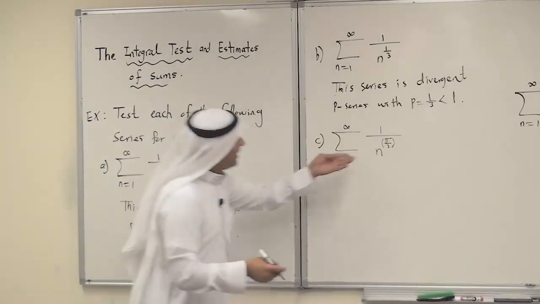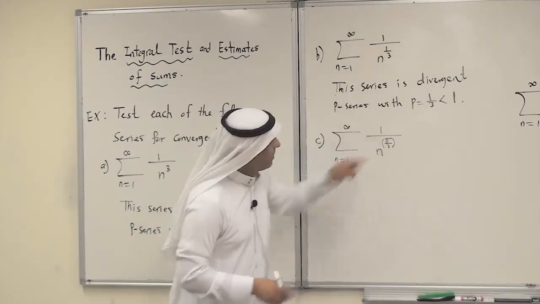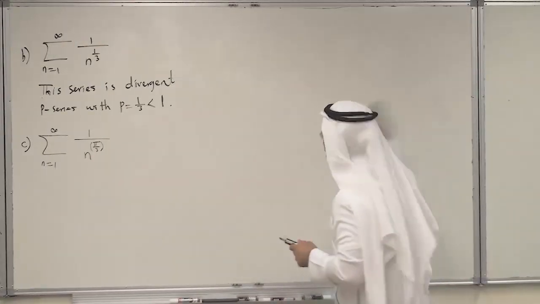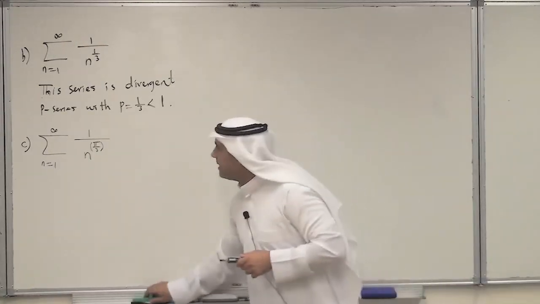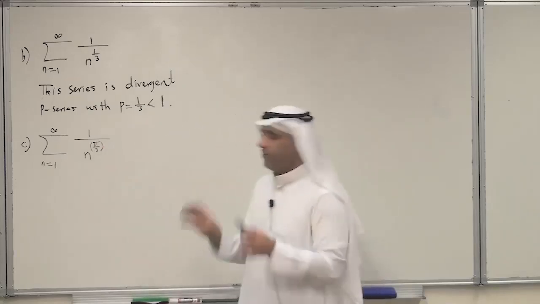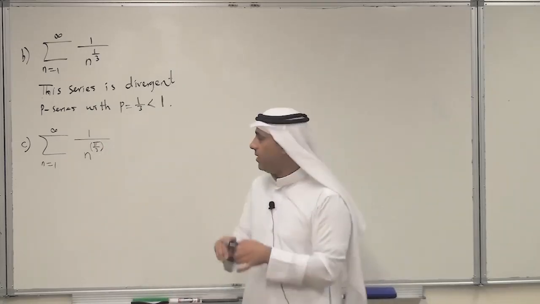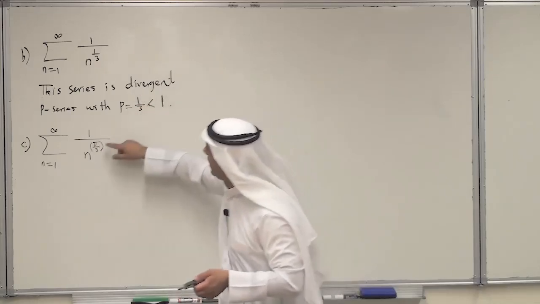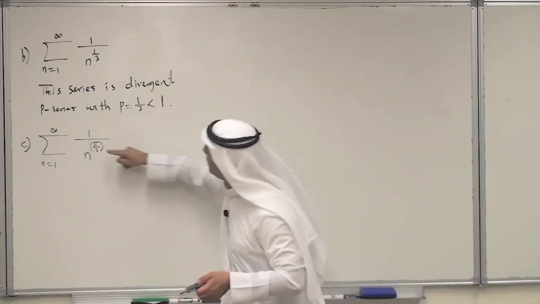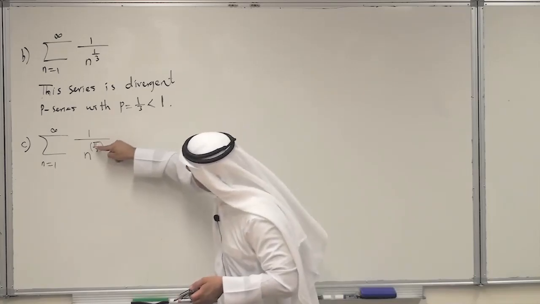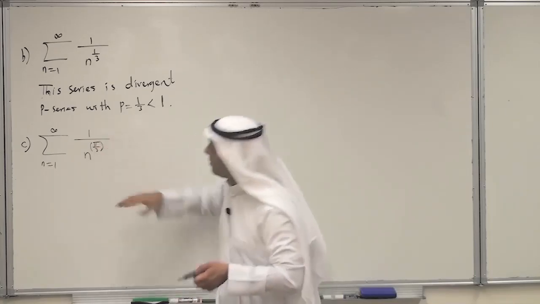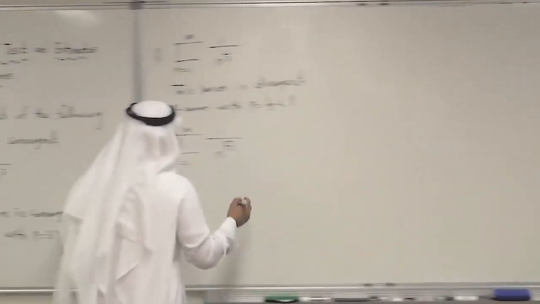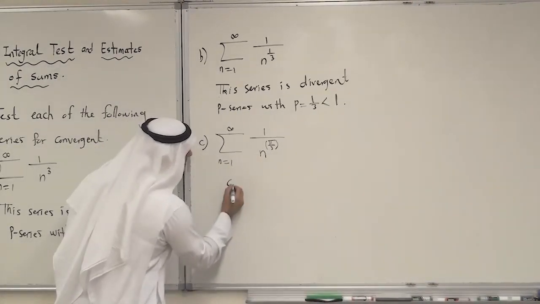Okay, what about the last one here? 1 over n to the power pi over 3. The only thing we care about is the value of the exponent, whether it is less than 1 or greater than 1. Pi is 3.14 something. If you divide a number greater than 3 by 3, that is greater than 1. That's the only thing we need to test here. So this is convergent.